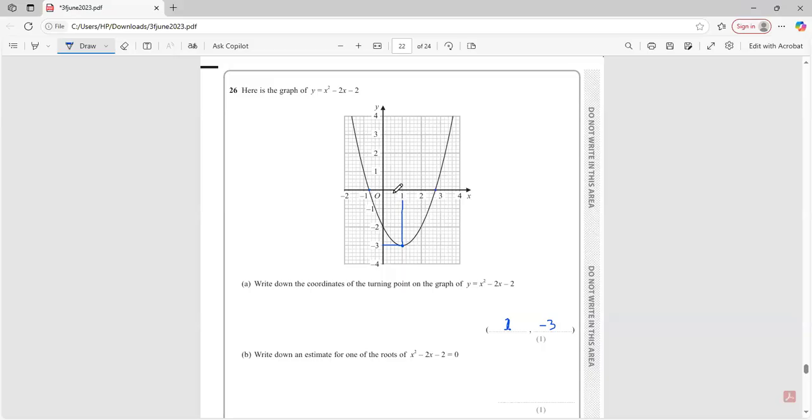Okay, so let's read it this way. The left hand side is going to be minus approximately, please remember, it's an approximate, minus 0. This is 0.2, 0.4, 0.6. So it's closer to 0.8 than 0.6.